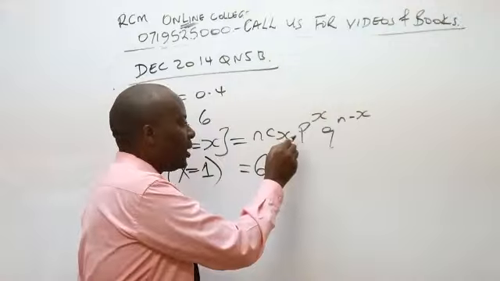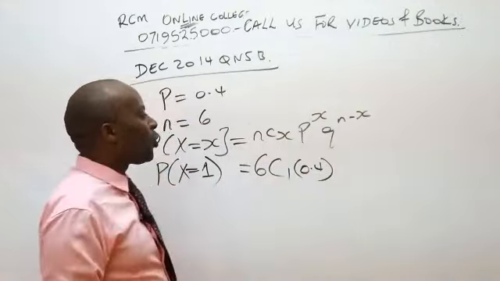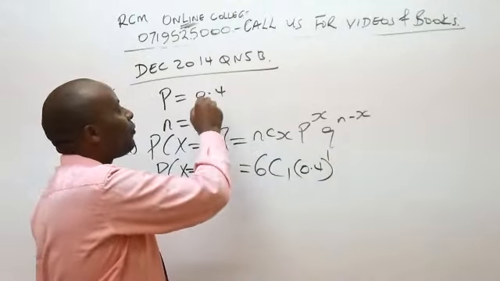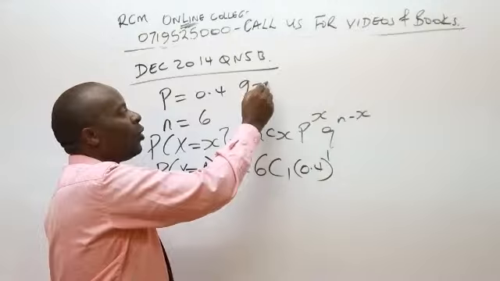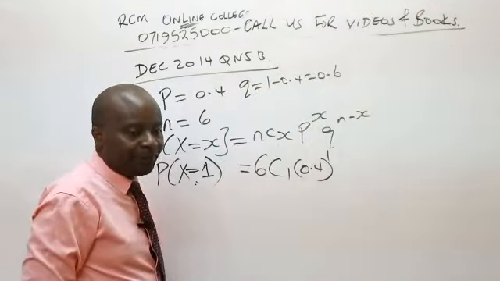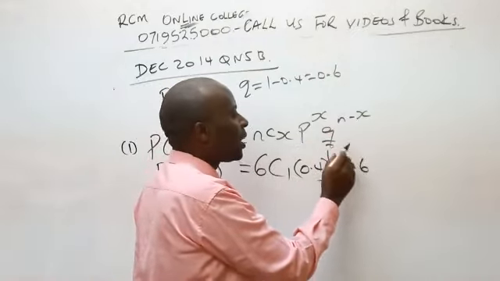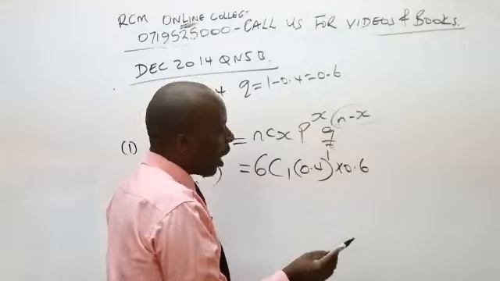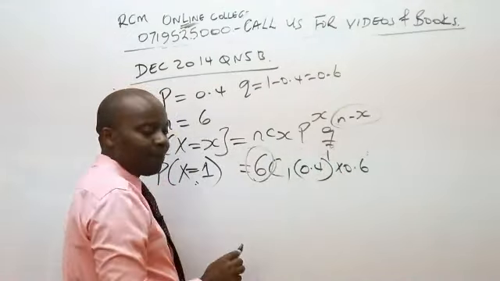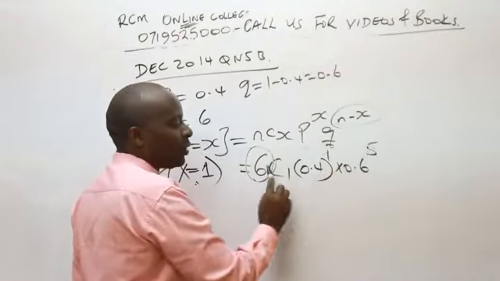P is 0.4 raised to power x, which is 1. And remember that if P is 0.4, then Q will be 1 minus 0.4, which is 0.6. Q is 0.6 raised to the balancing power. Remember the 2 powers must always add up to n. So the balancing power here will be 5. 1 plus 5 is 6.